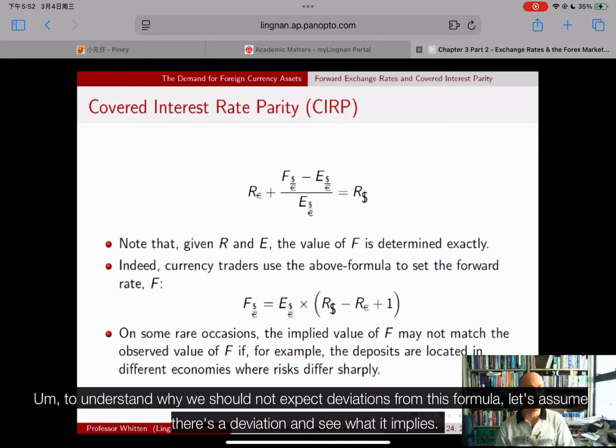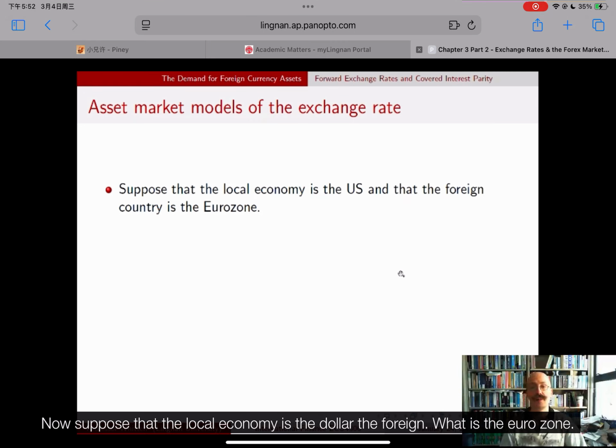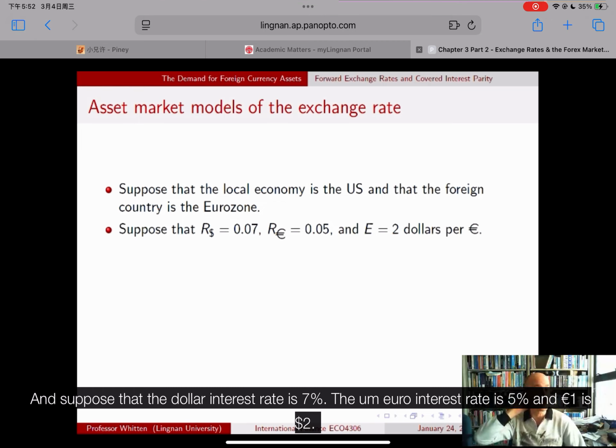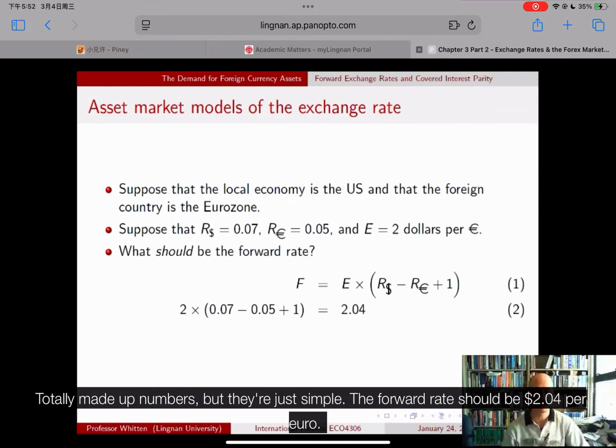To understand why we should not expect deviations from this formula, let's assume there's a deviation and see what it implies. Now suppose that the local economy is the dollar, the foreign one is the eurozone, and suppose that the dollar interest rate is 7%, the euro interest rate is 5%, and 1 euro is $2. Totally made up numbers, but they're just simple.